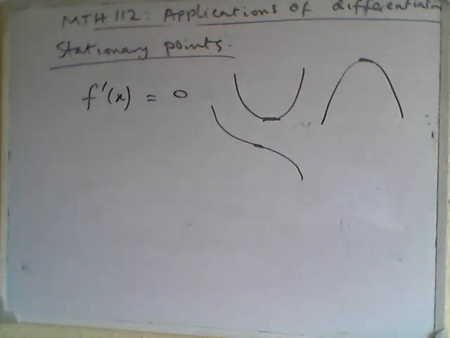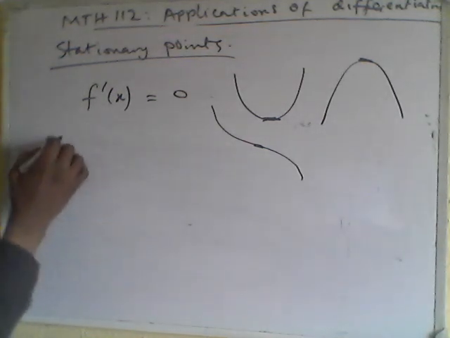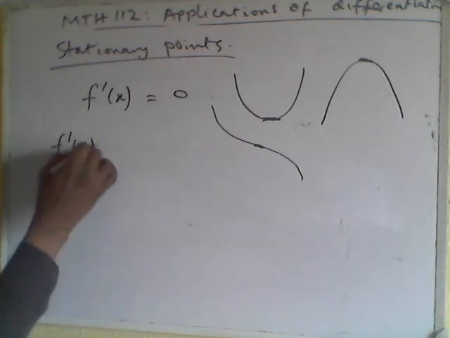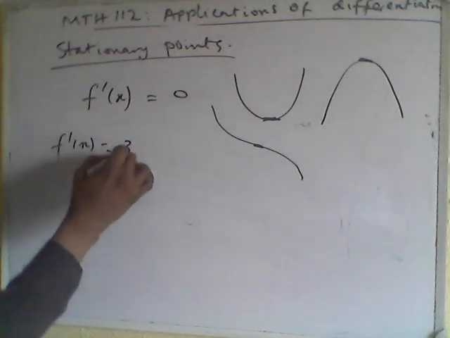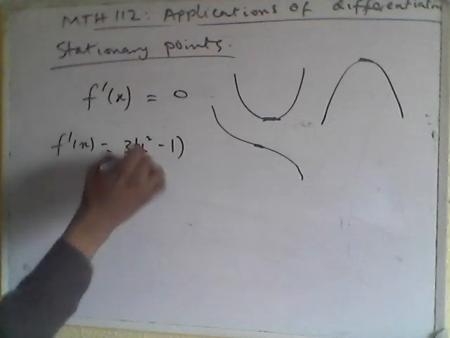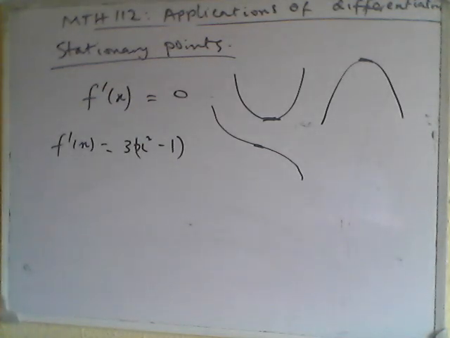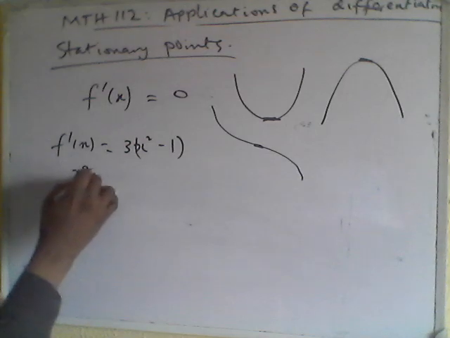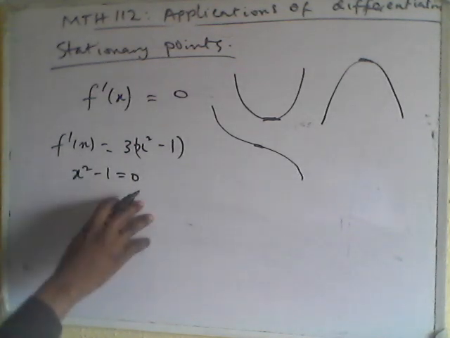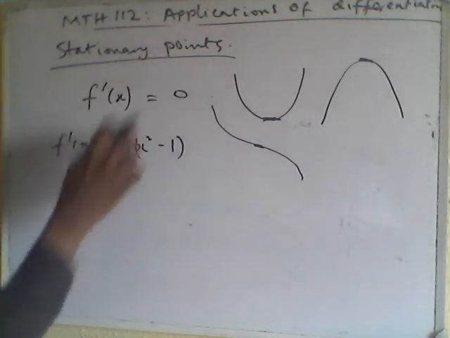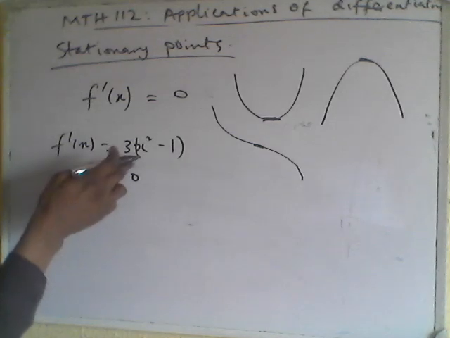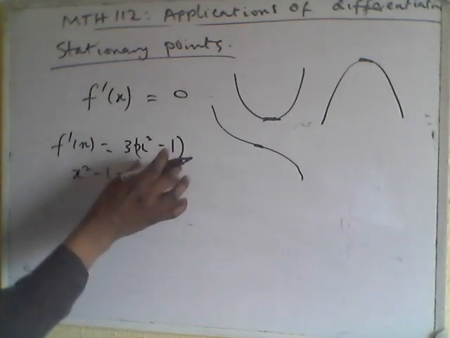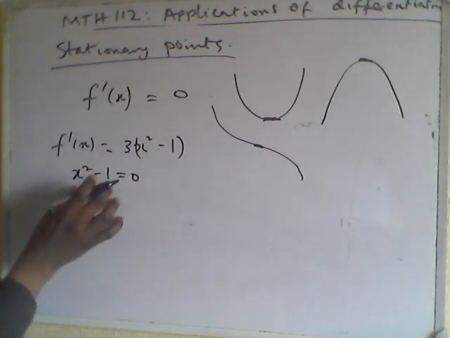Okay, so we're going to do an example, the same one we did the first time. If I differentiate this function I'm getting this. Remember that first example that we did? So the stationary point occurs where I equate x squared minus 1 to 0. I cannot use 3 because there's nothing to find. So x squared minus 1 is equal to 0.